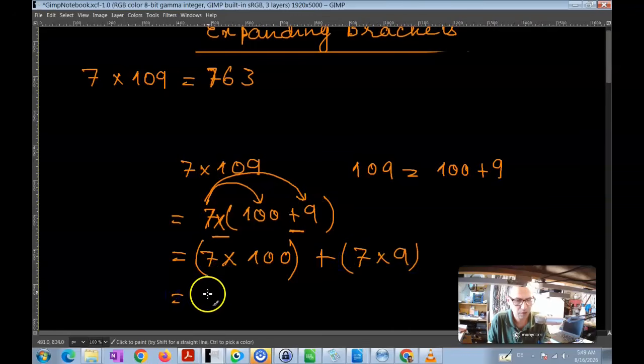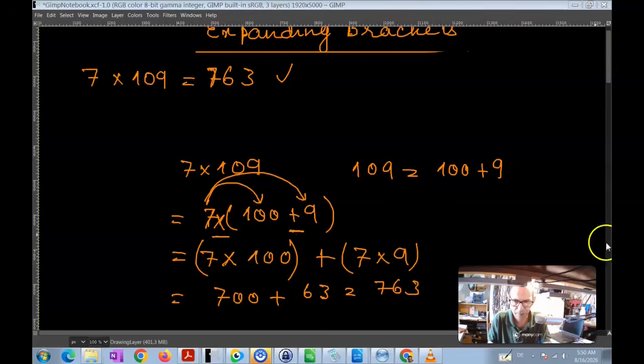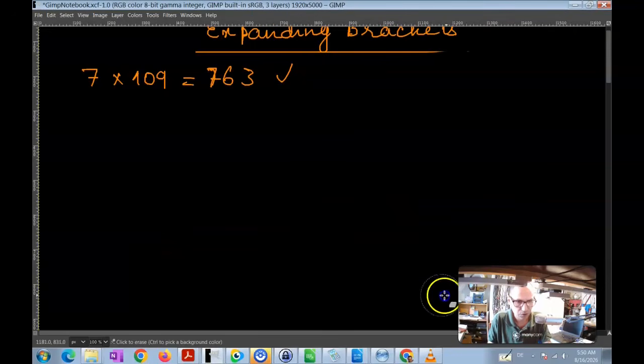Now 7 times 100 is the same thing as 700, and 7 times 9 is equal to 63. That's 763, which is the answer that we got over here, right? Now you can do this also in your head.